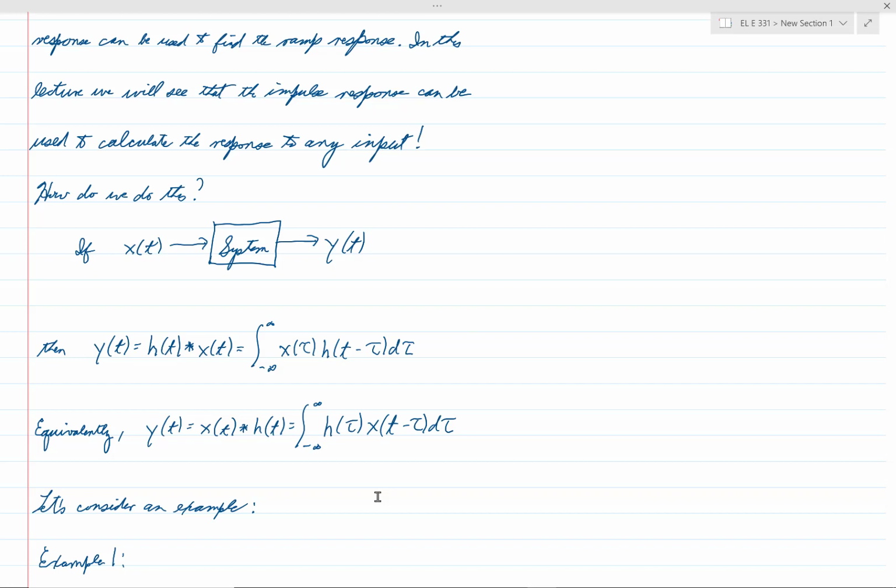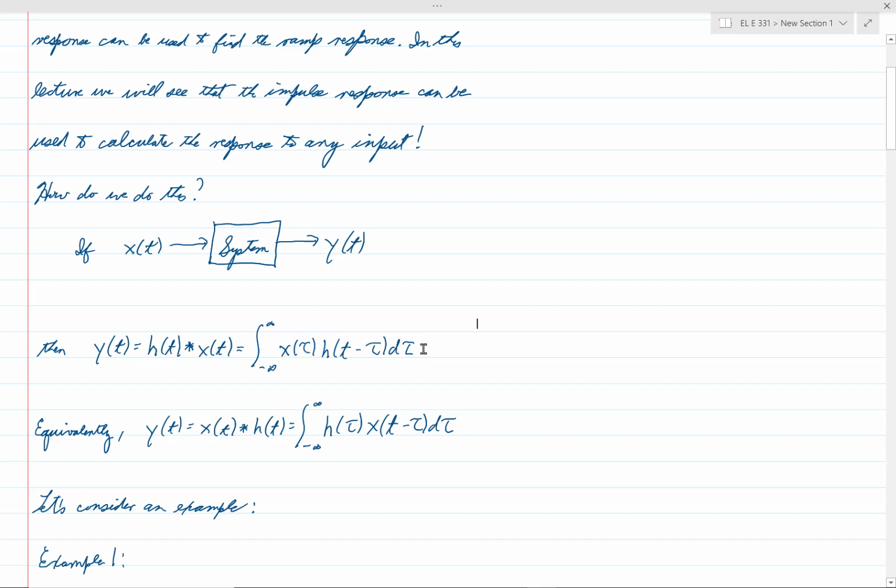So what we will do now for the rest of this lecture is look at an example of this. We'll see how to calculate this convolution integral, because it can be a little bit tricky with this t minus tau.